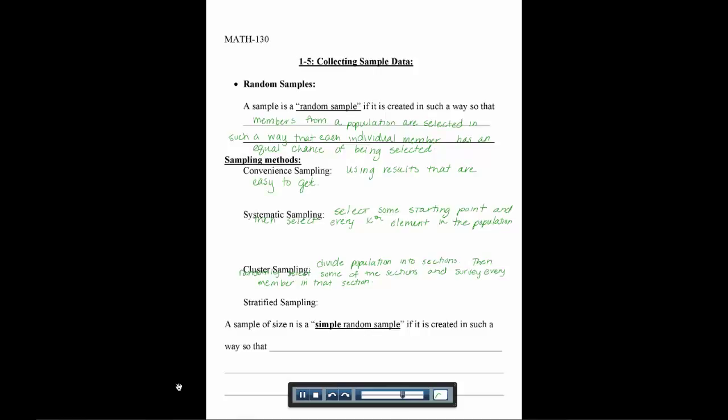Okay, stratified's a little different. You're still going to divide it into sections. And now you're going to randomly survey some people in each of the sections.